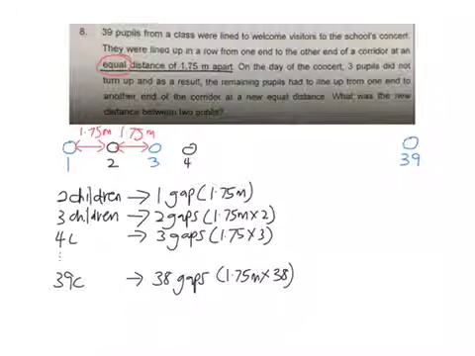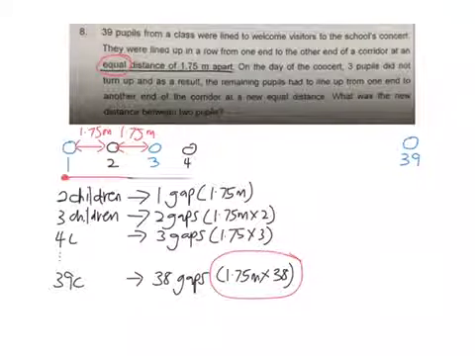So what is the meaning of this information? This information tells me that from the first child here to the last person at number 39, that is the distance.